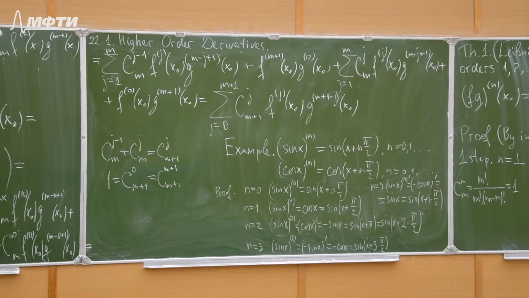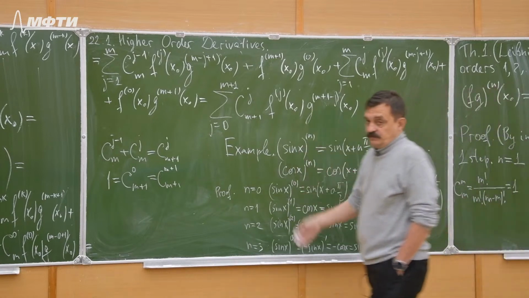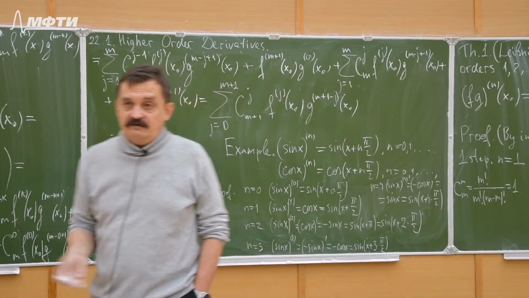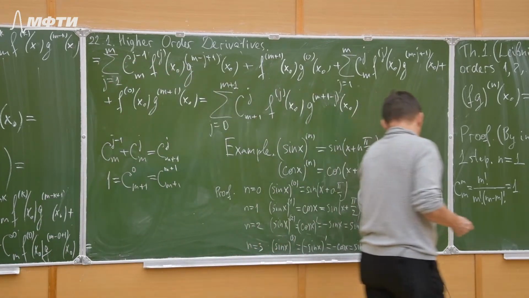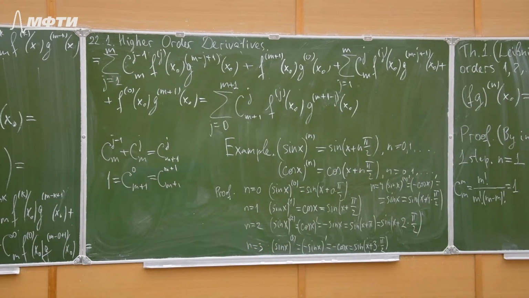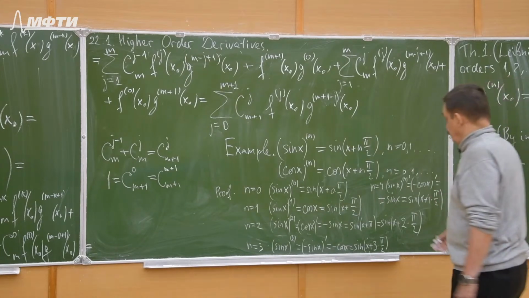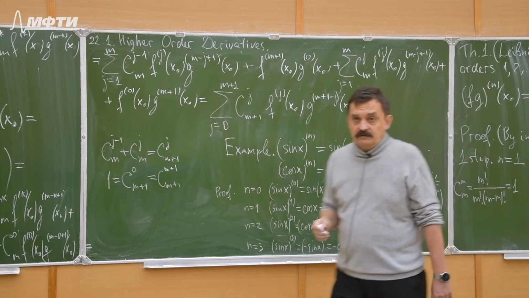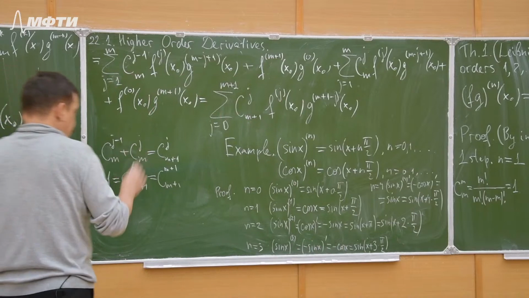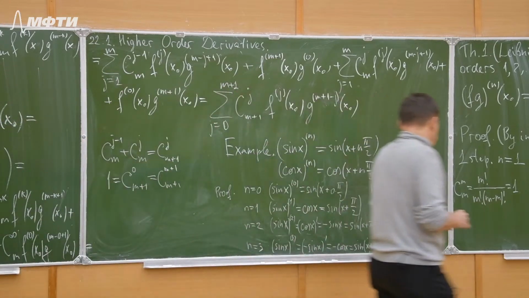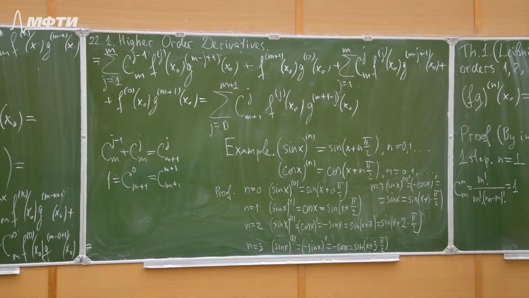And after that, the process will be repeated again and again, because now we come back to the original function sine x. So then all derivatives will be repeated, and analogously all right-hand sides will be repeated as well. For cosine, it's quite analogous. Okay, that's it.